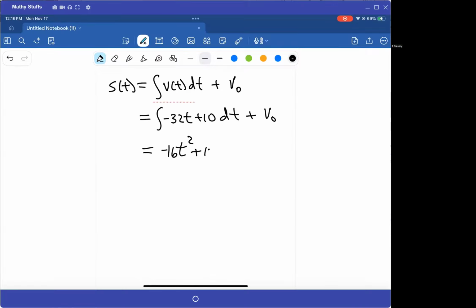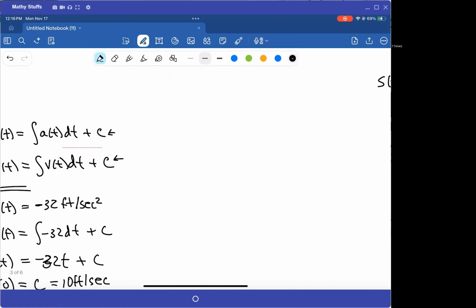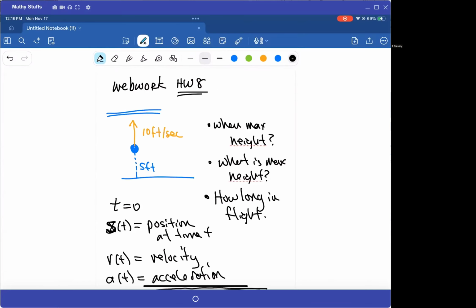The 10 goes to 10t, and then you can see that when t equals 0, we want this thing to be our initial velocity. Excuse me, initial position. Sorry, initial position. Oops. So this is our S naught, which was how high the ball was off the ground, and that was this guy right here.